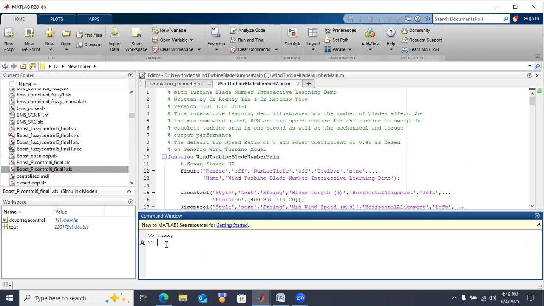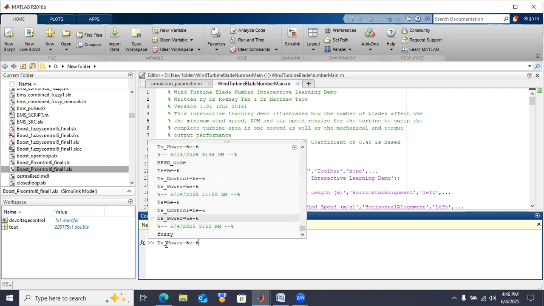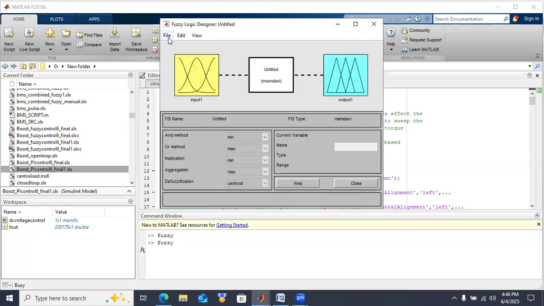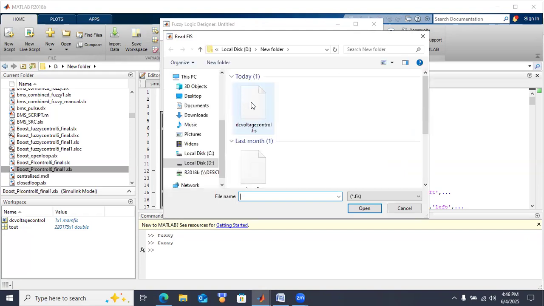Here the fuzzy controller is already designed to run that simulation. Type fuzzy in the command window. A dialog box will open. Import from file, DC voltage control.